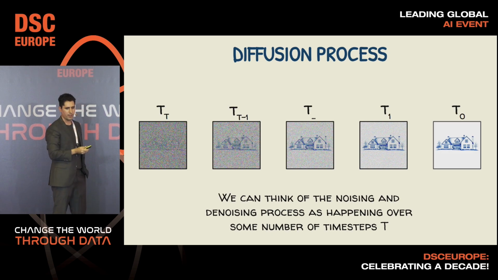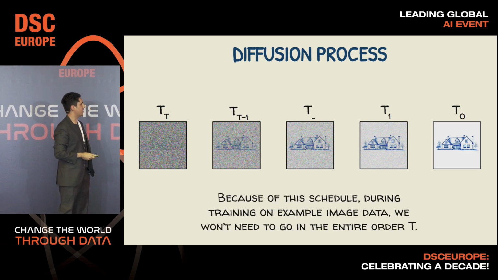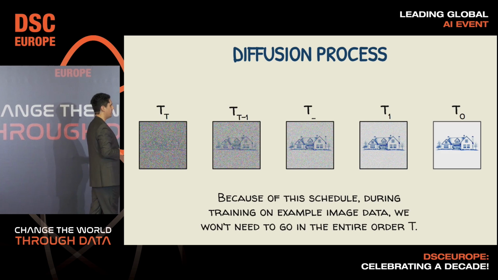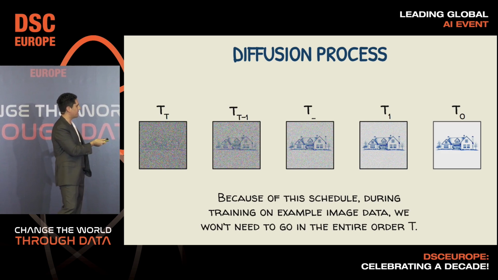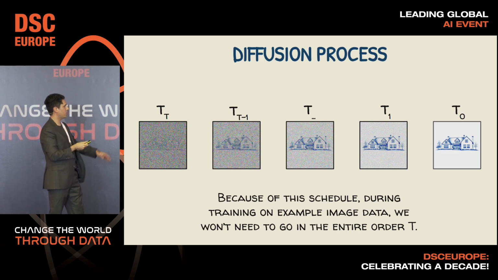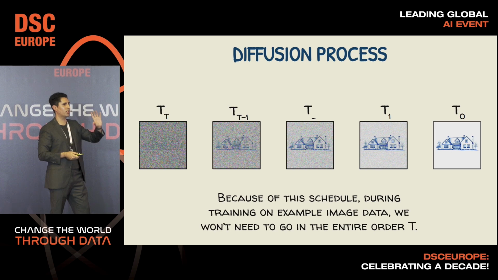So one way we could think about denoising this is because of this schedule, during training on example image data, we don't actually need to go in the entire order t. I'm going to start off with the most intuitive understanding of denoising, and then we'll start introducing more and more tricks that reflect the actual reality of the original Stable Diffusion paper.